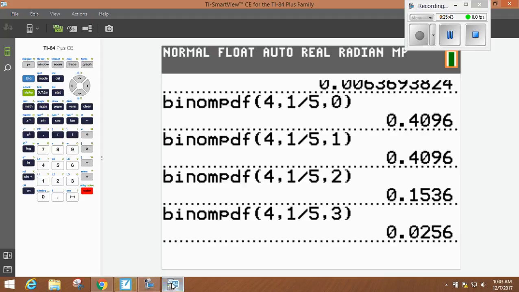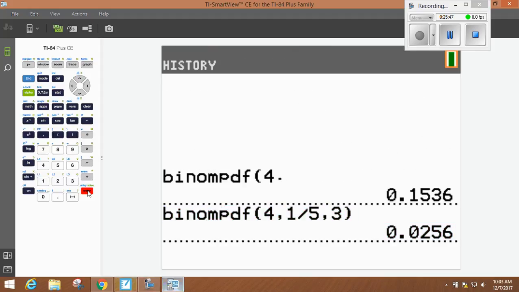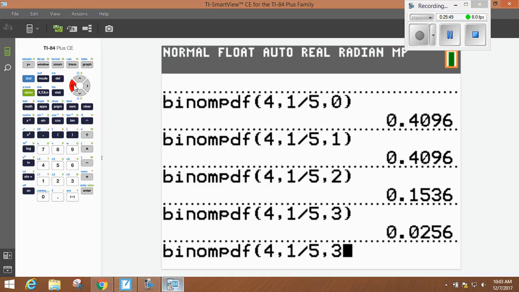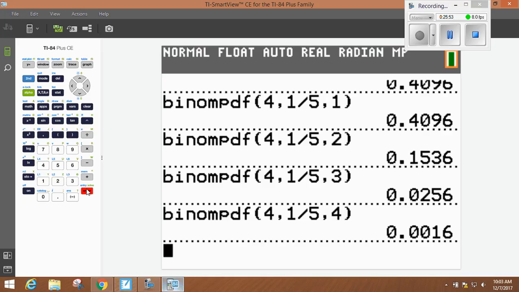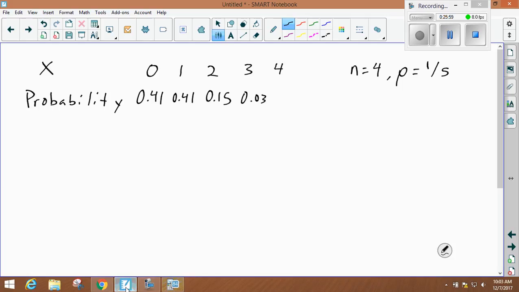Go down to 0. Okay, all right, cool. So that's our probability distribution.